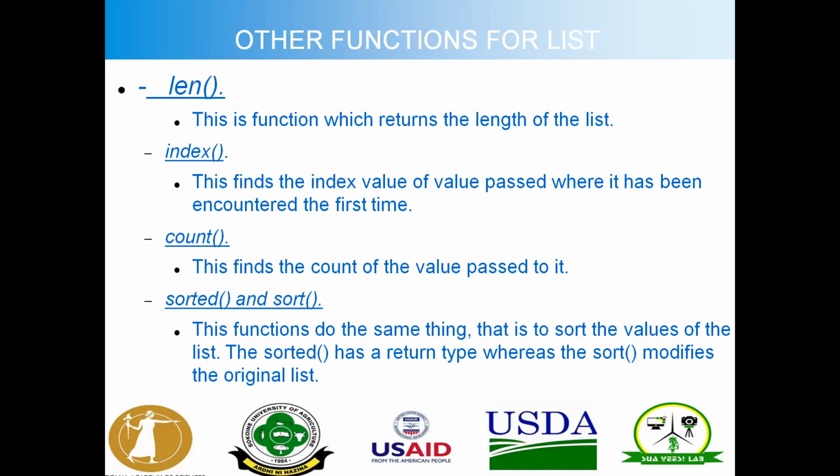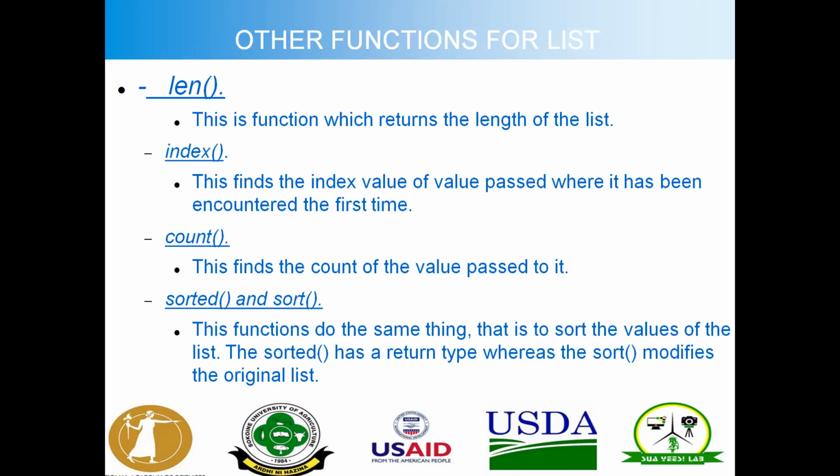You can have, let's say, a list of 10 items and want to get the index of a certain value. You provide that value to the index function, and it will give you the index. But there is a problem with this function: it will only provide the first encountered item. If you have multiple matching items, it will give you the first encountered one.